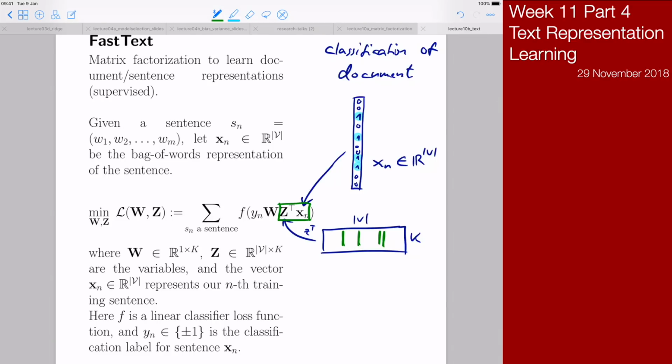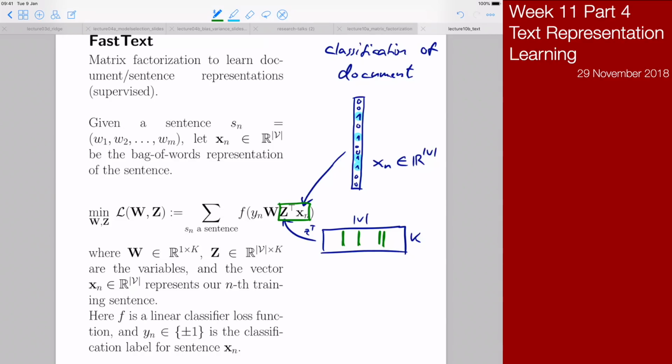Now it gets multiplied with another matrix, which actually is a vector. And that's my final classifier. So now I have a fixed length document representation. And now I multiply with my final classifier, which says that this is a good document or a bad document. Or this is a relevant document or an irrelevant document. That's how all classification problems on text can be formulated this way.